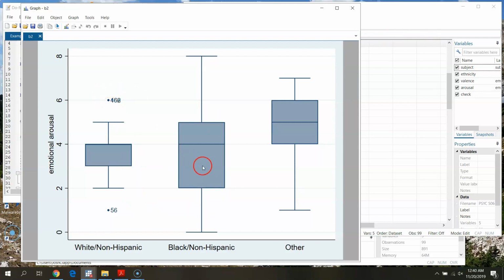Okay, moving on, we've got our Black non-Hispanic participants. Looks fairly unremarkable outside of having quite a bit more variability, going the whole range from 0 to 8 in terms of emotional arousal, but nothing too concerning in the distribution.